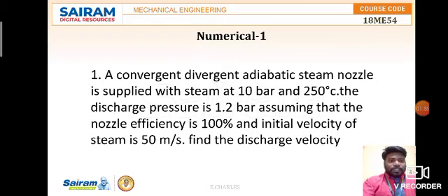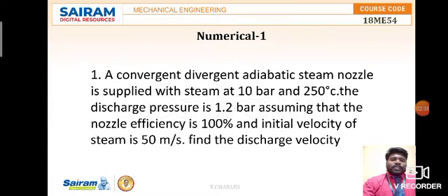So we will see this in a little more detail. A convergent divergent nozzle is taken. What is the shape of the nozzle? It is convergent and divergent. First there is a convergent portion, where the area gradually decreases, and then there is a divergent portion, where the area increases.